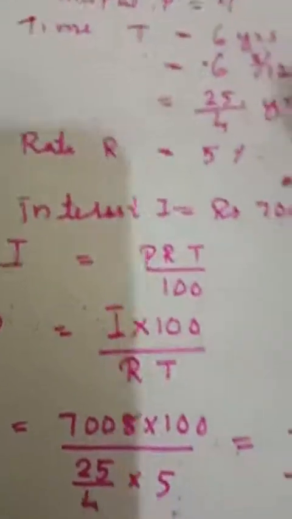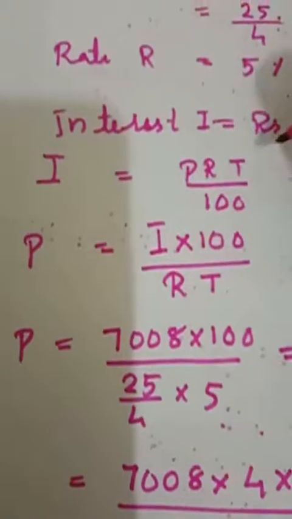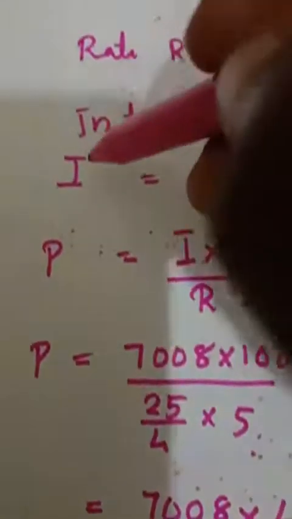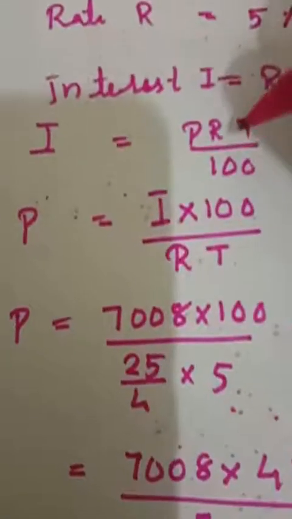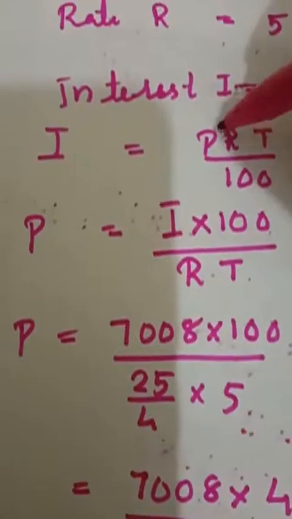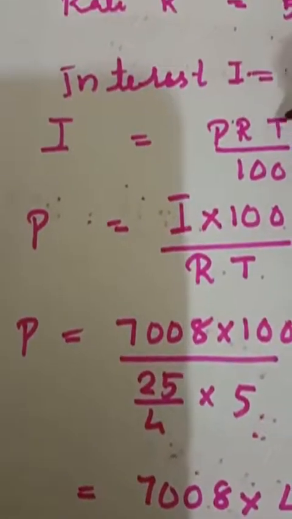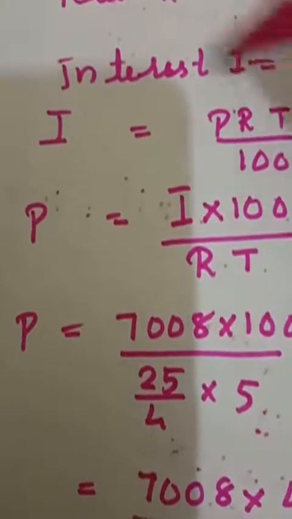Interest is rupees 7,008. We know the formula interest is equal to PRT by 100. But here interest is given and we want to find P. So we learned one formula: 100 goes to the opposite side and R and T come to the denominator.